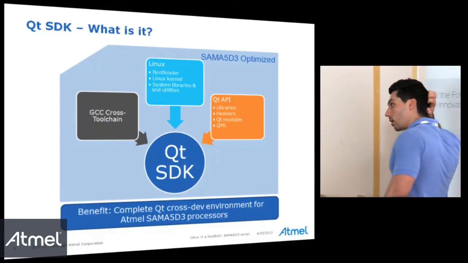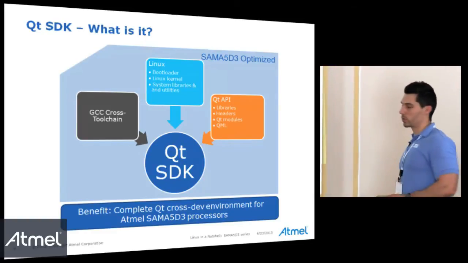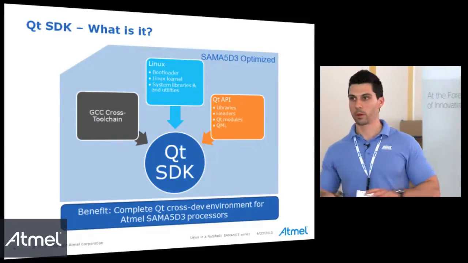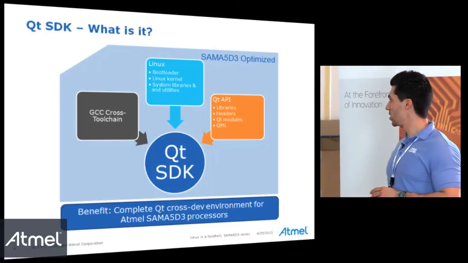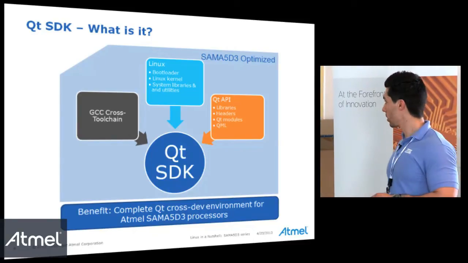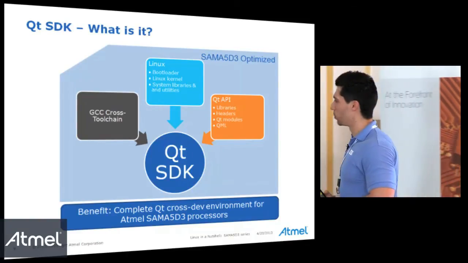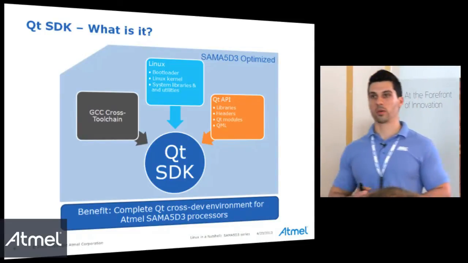What is Qt SDK? Well, mainly Qt SDK is based on three different components, I would say. First of all, Qt SDK provides the GCC cross toolchain. Qt SDK also provides the different Linux software components, so the bootloader, the Linux kernel, and all the system libraries.